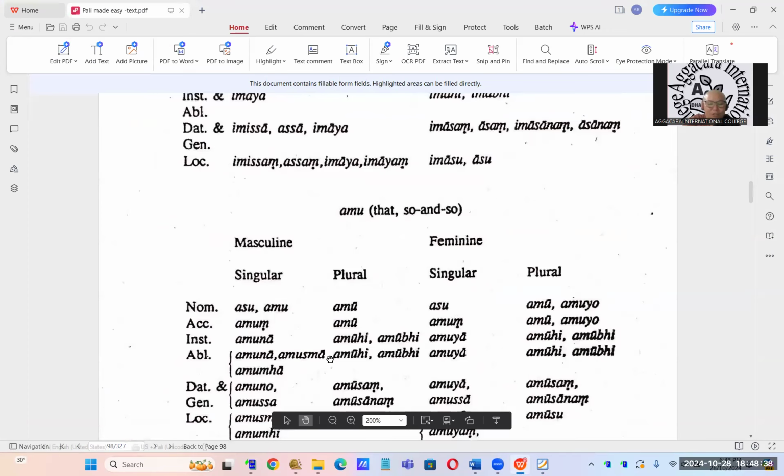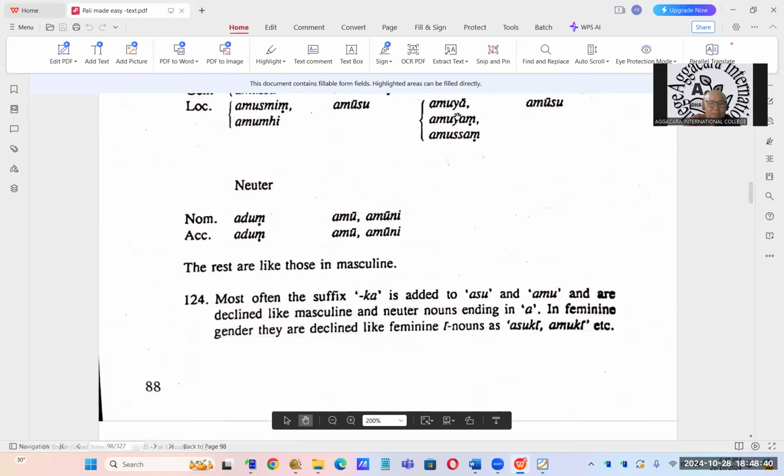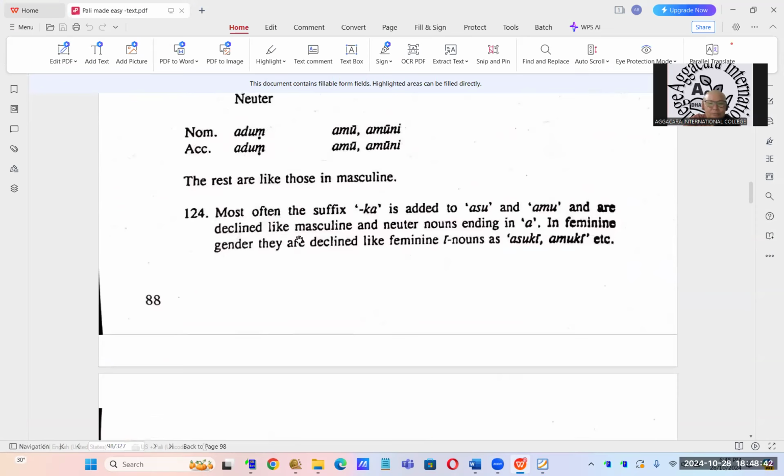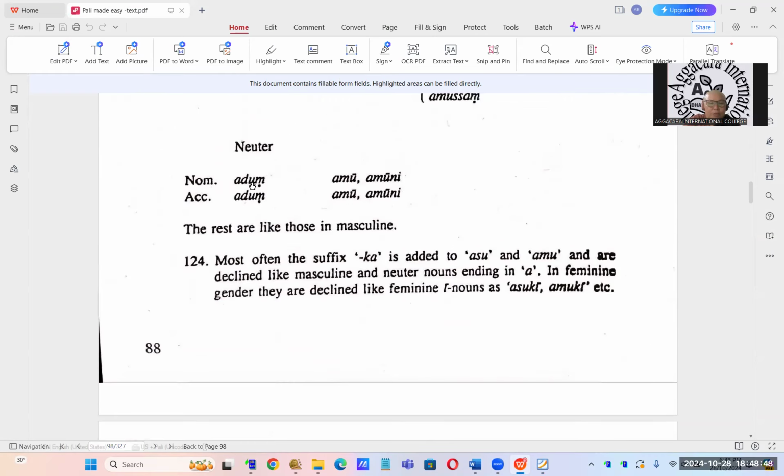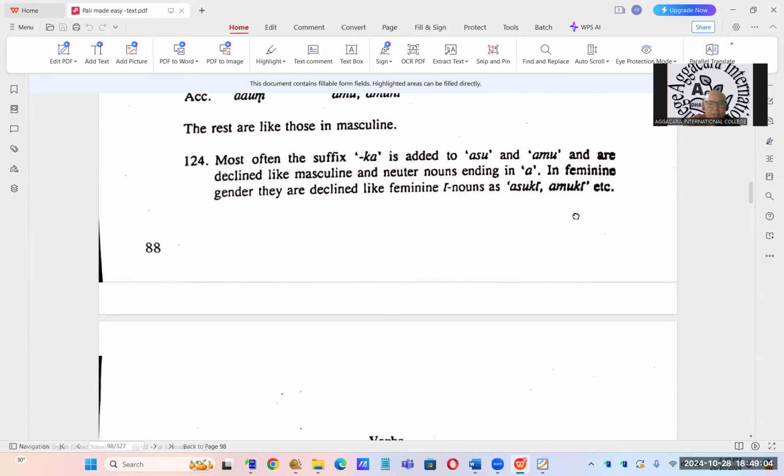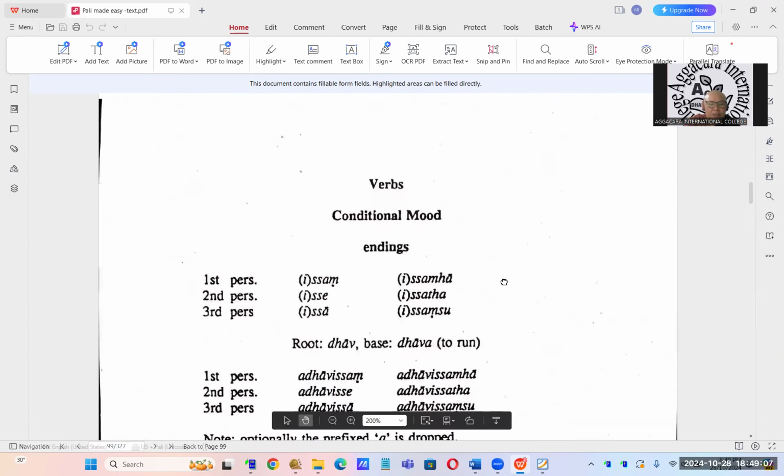So how do we use this in a sentence? Let's see the example here. Besides that, you say adum, amu. Then you put the ni: amuni. Normally we have the ka: asuka, amuka. I saw it before. So it declines like masculine and neuter anyway. Feminine will be asuki, amuki. Is there an example here?